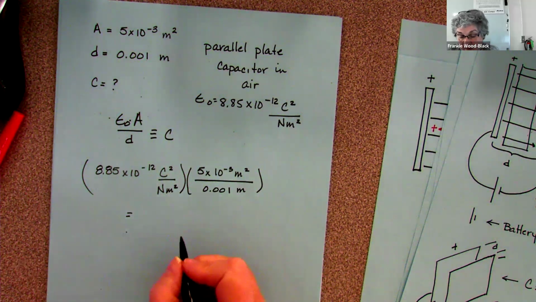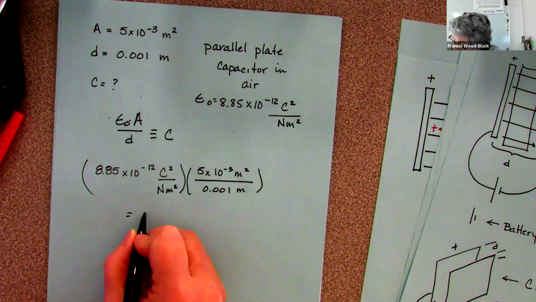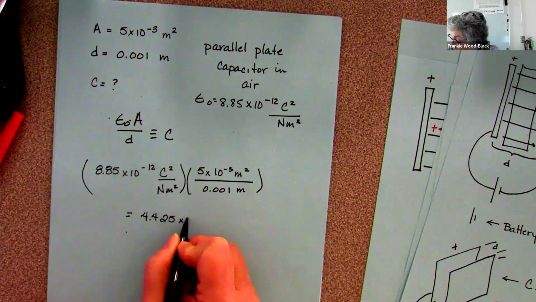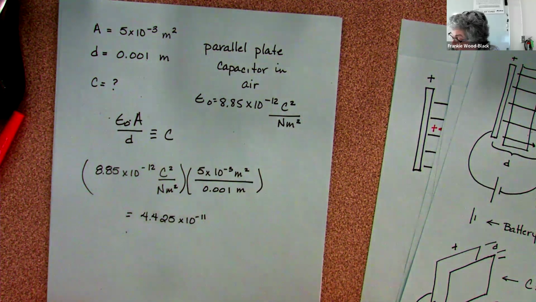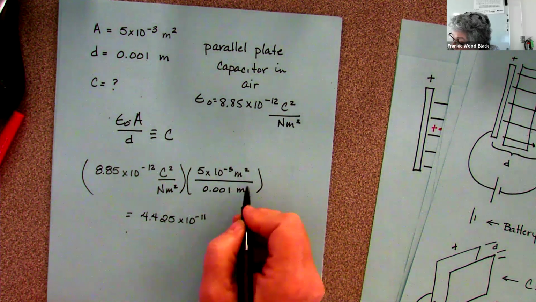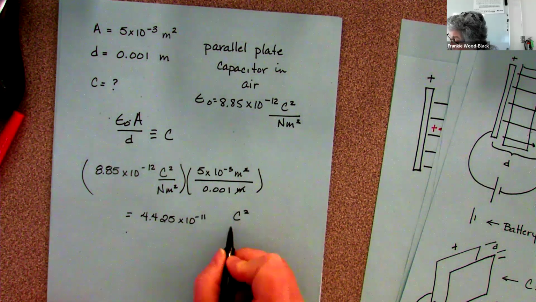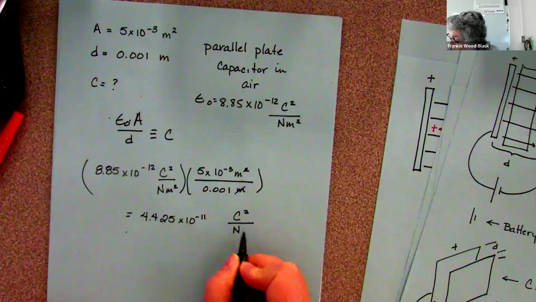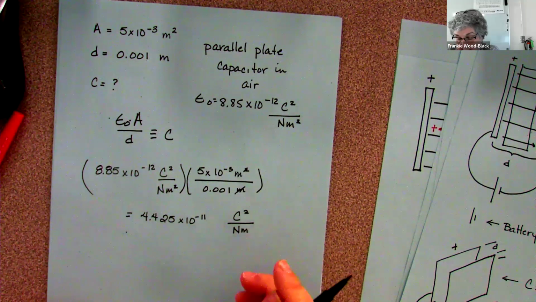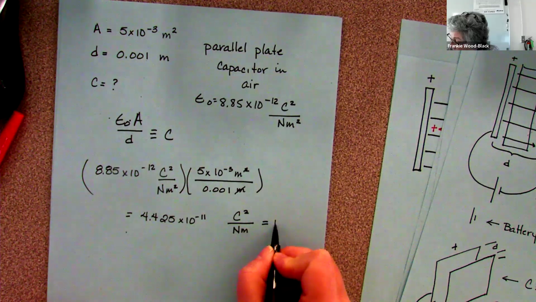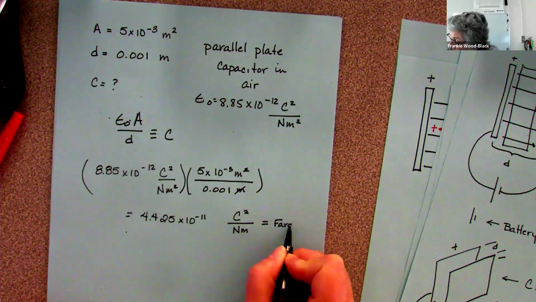It's going to give me 4.425 times 10 to the minus 11. And one of those goes away. So I get coulombs squared per Newton meters. And we're going to define that as a farad.